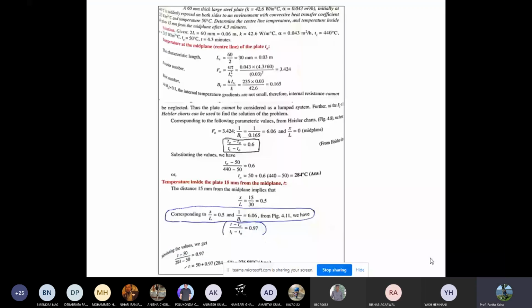Another example we'll look into. A 6 mm thick stainless steel plate, density given 7800 kg per meter cube, specific heat given 460 joule per kg C, thermal conductivity given, is used to form the nose section of a missile. It is held initially at a uniform temperature of 5 degrees C. Then the missile enters the denser layer of the atmosphere at a very high velocity.